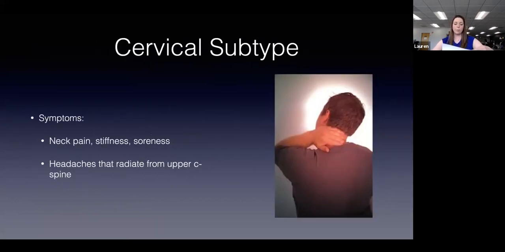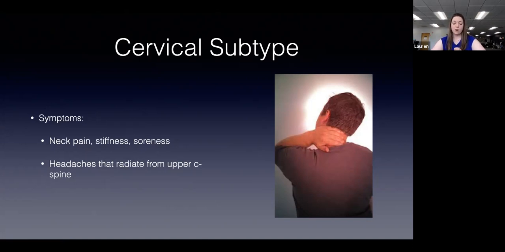All right. And lastly, cervical subtype. This is our bread and butter for ortho PTs. So any risk factors would be prior cervical spine injury, car accidents, any high velocity injuries, being unprepared for a hit, any strong rotational component to the injury.